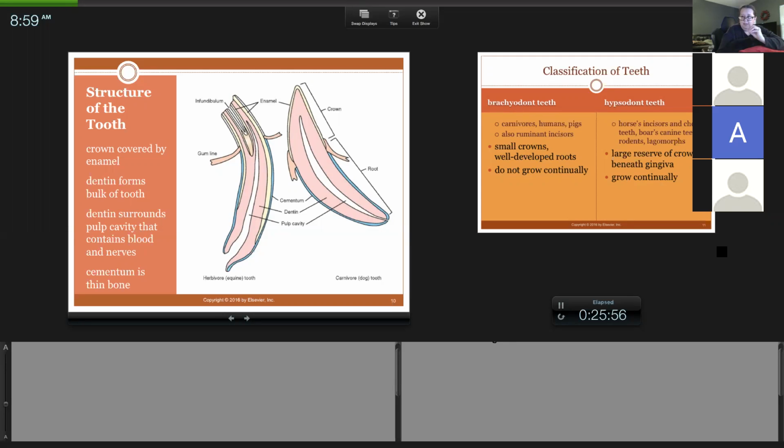What keeps the tooth in place is something called cementum. Think about cementing: you don't want your teeth falling out, you want them cemented into place. So in the bone, there is a thin line called cementum, and it actually holds the tooth into the jaw, okay?